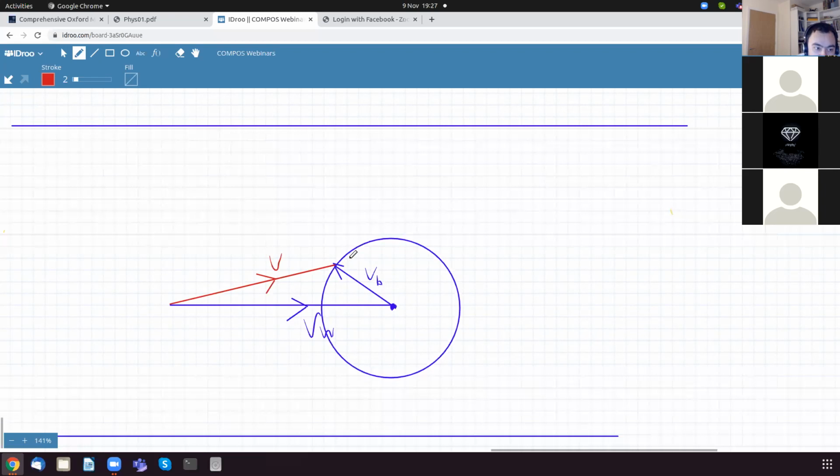And you can see that as you change the velocity of the boat, this angle changes. This is a different angle, so I'll call it beta. As you choose a different direction, this angle changes. Your task is to make this angle, in this case, as big as possible. It doesn't matter where it started.